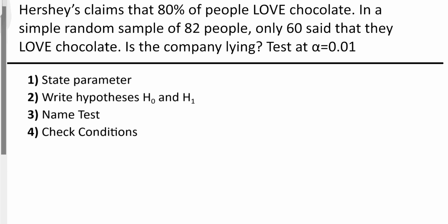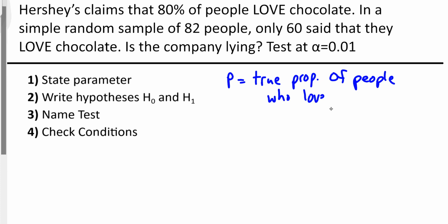Okay? So I would start off step 1. This is a proportion. So P equals the true proportion of people who love chocolate. Our hypotheses for these, we always will have a null hypothesis and an alternative hypothesis.